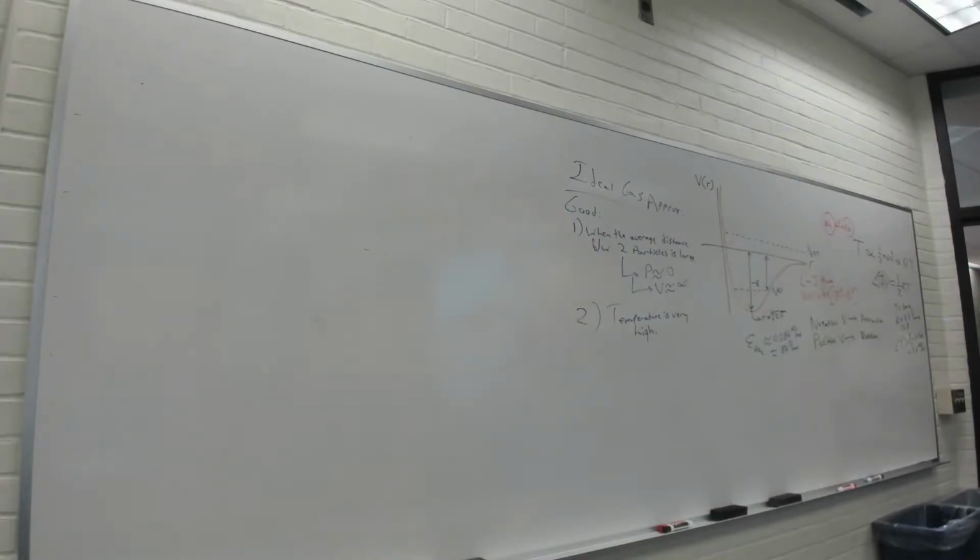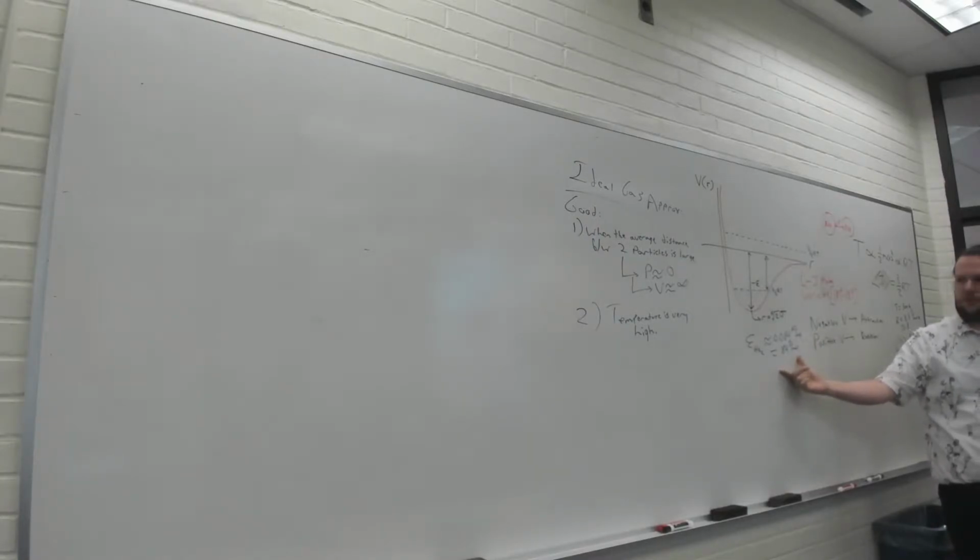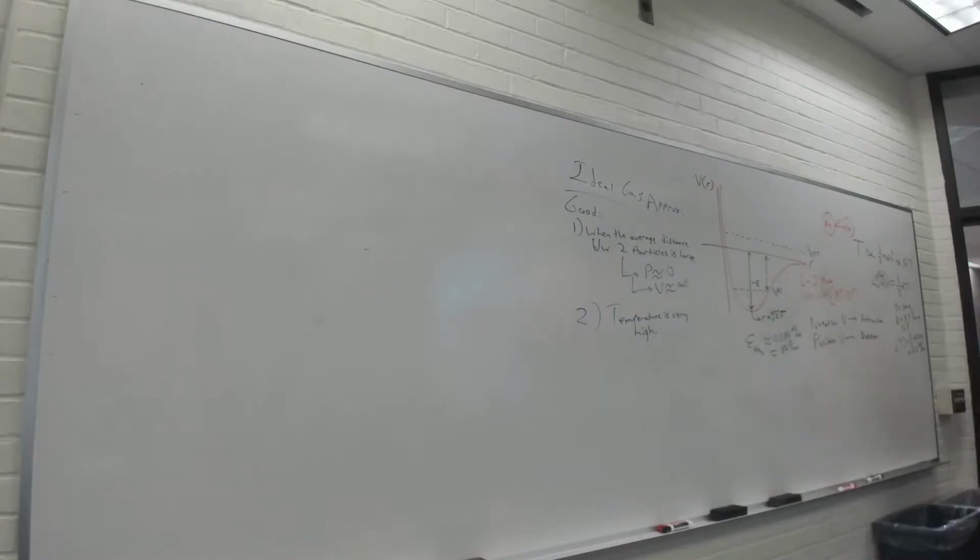It's interesting that when you think about the average kinetic energy of a helium atom, the kinetic energy starts to be competitive with the potential energy of the attraction between two heliums around 4 Kelvin. There's no surprise about that, because that's the temperature where helium condenses into a liquid. Helium condenses at about 3.6 or 3.8 Kelvin. So that makes sense.